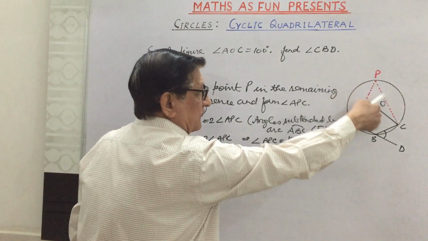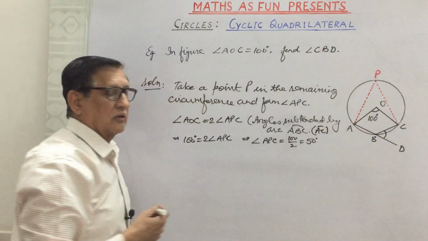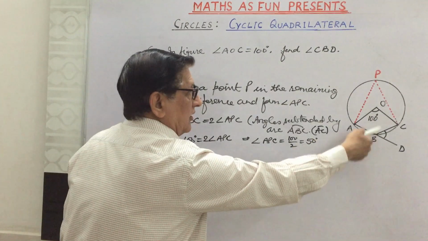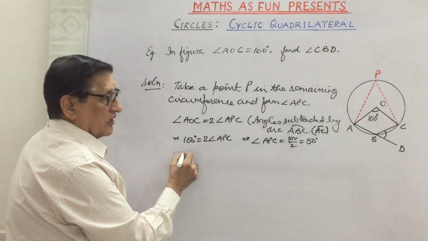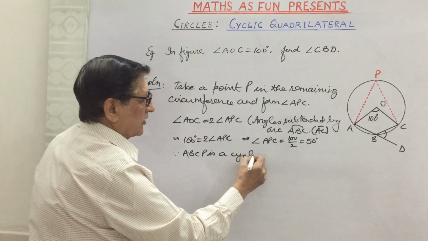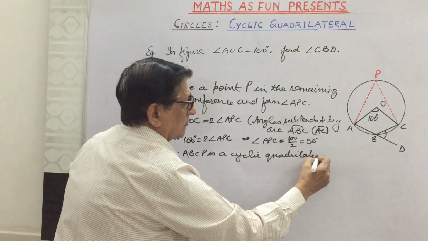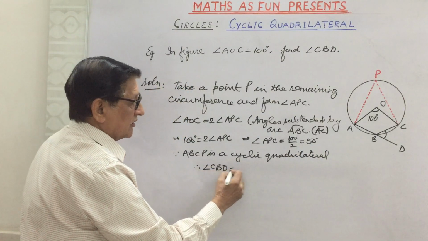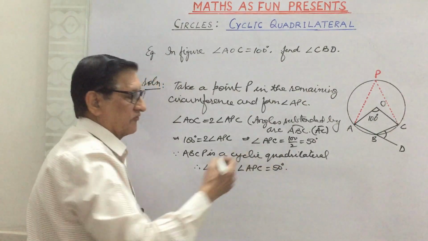And if this angle is 50 degree, now it is a cyclic quadrilateral. And we know that exterior angle of a cyclic quadrilateral is equal to the opposite interior angle. So we can write, since ABCP is a cyclic quadrilateral, therefore angle CBD is equal to angle APC, and that will be equal to 50 degree.